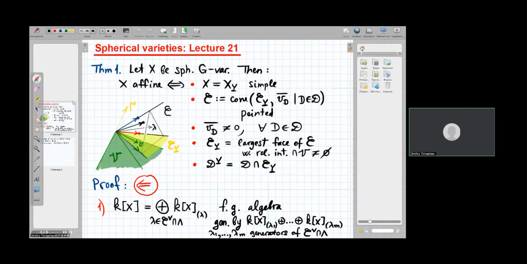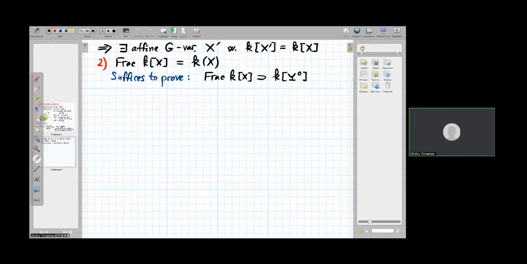Now we want to use the condition that the cone C is pointed. So since it is pointed, we can pick a weight lambda, a lattice vector belonging to the dual cone, which takes strictly positive values on all vectors in the cone C except 0.